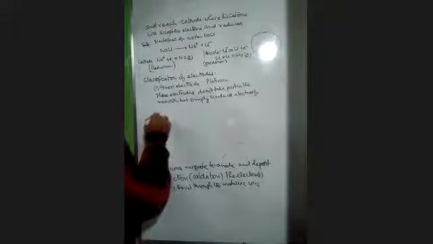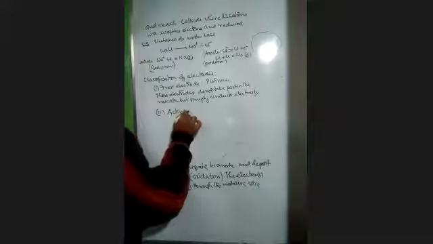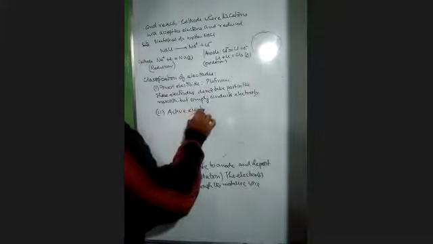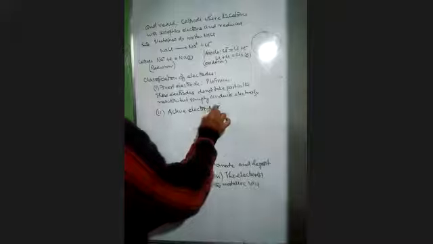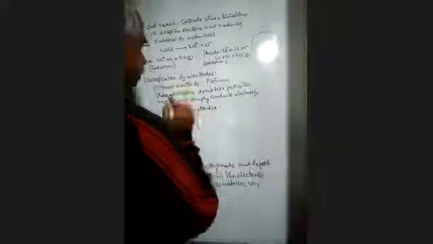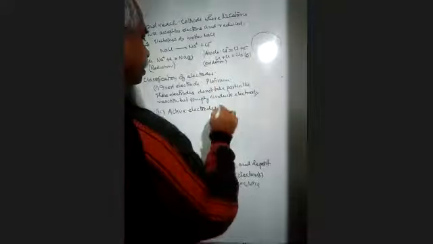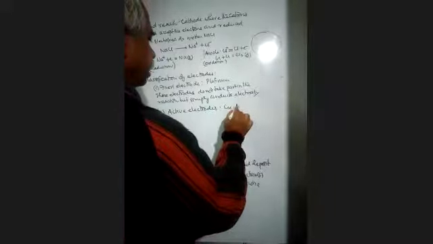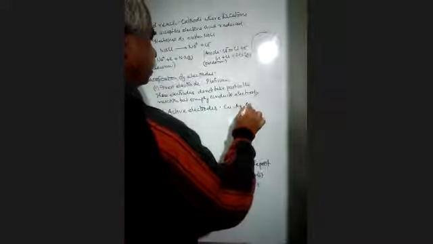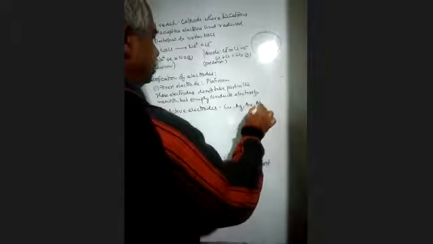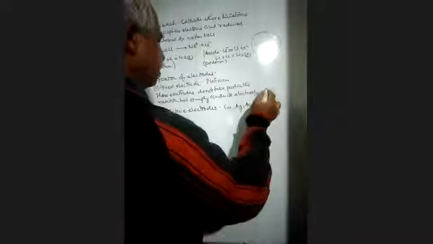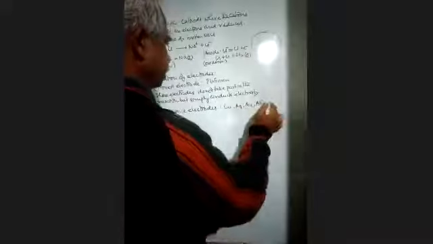Second, we call it active electrode. Example, we have plenty. We can have copper, silver, gold, aluminium, iron. Most of them are like this. So what should I write now?